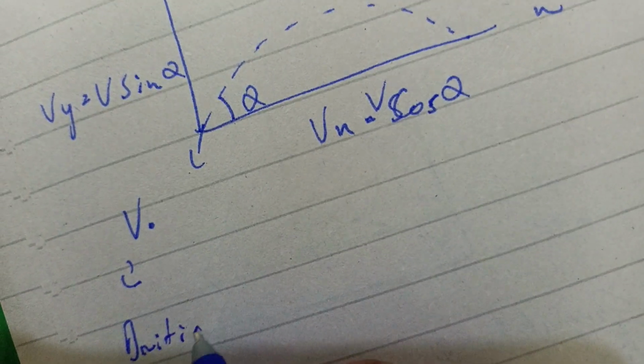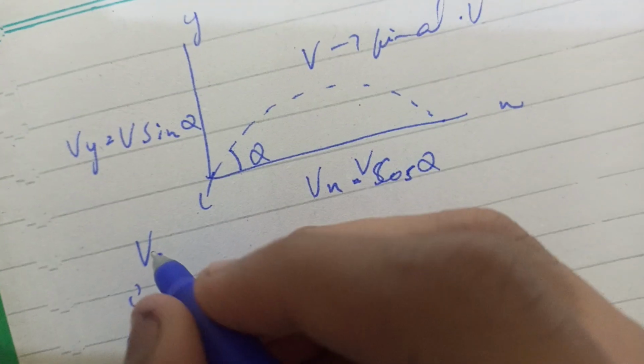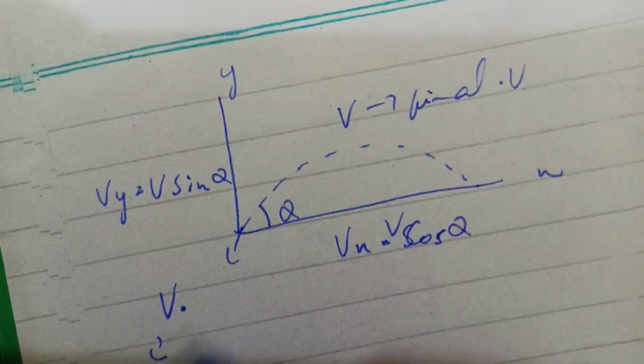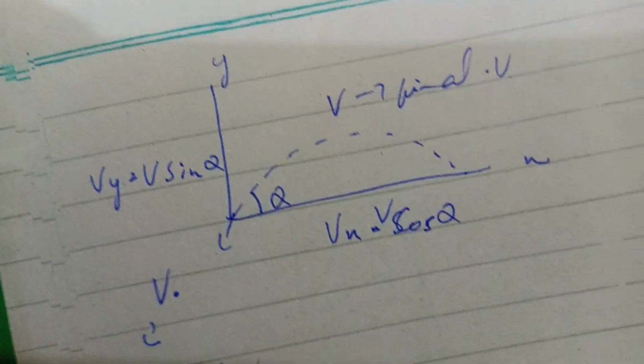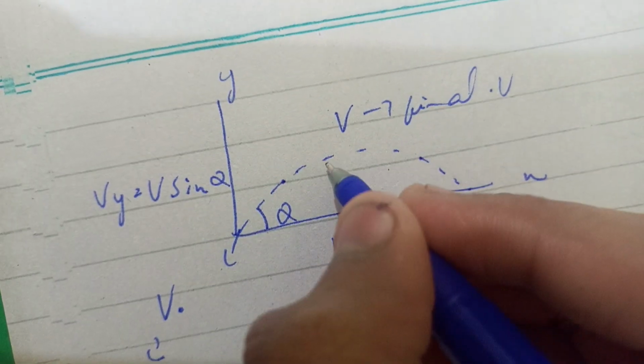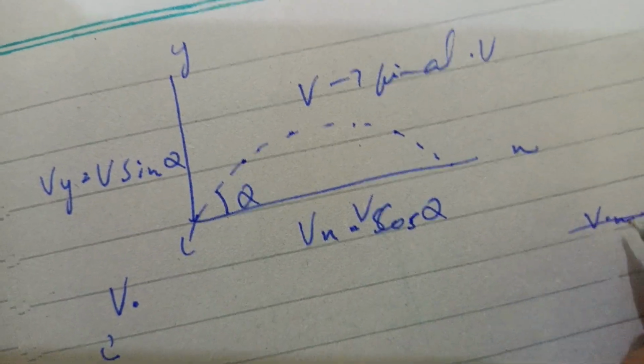At every point we'll just consider Vx, V naught, Vy like this. If you are calculating anything in the y direction, like here to here, you will consider this as V naught x.